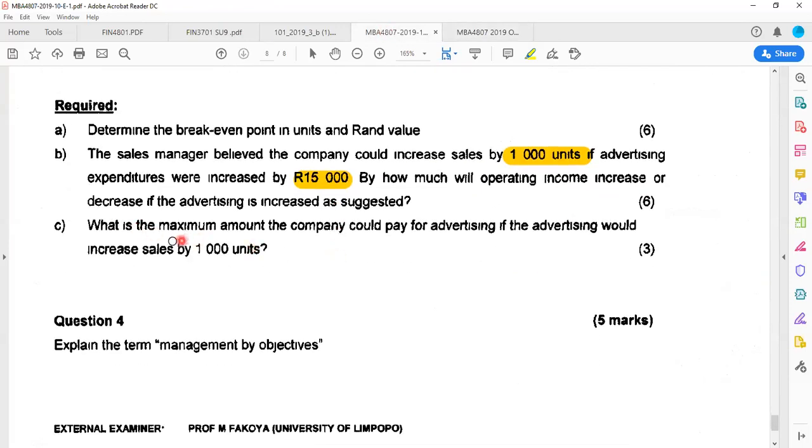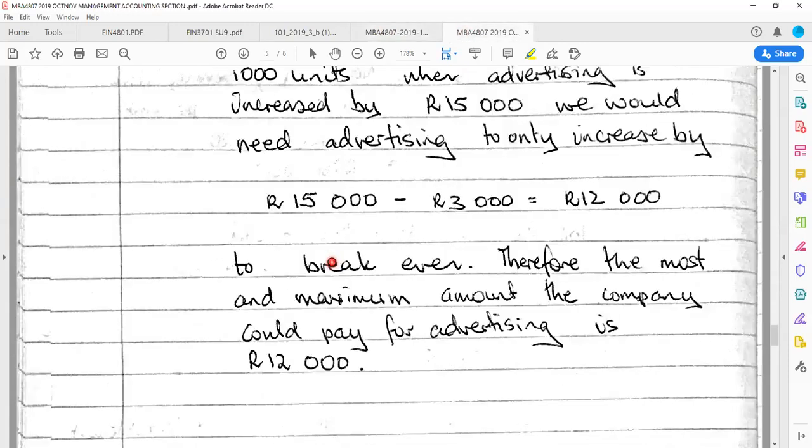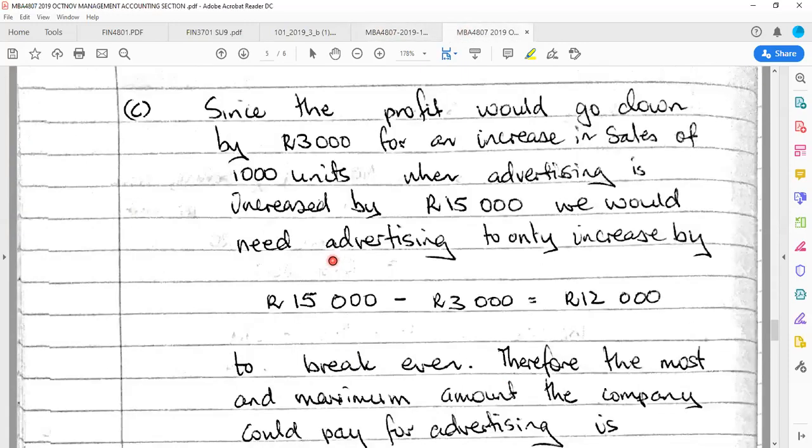Then lastly, what is the maximum amount the company could pay for advertising if advertising could increase sales by 1,000 units?